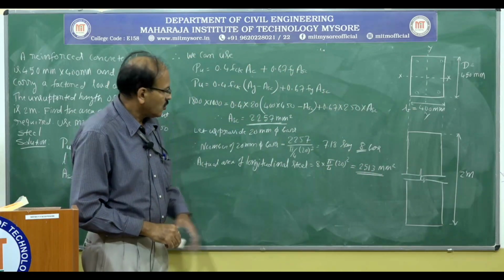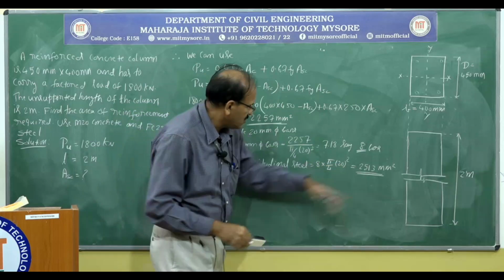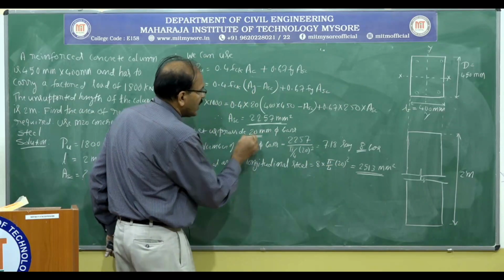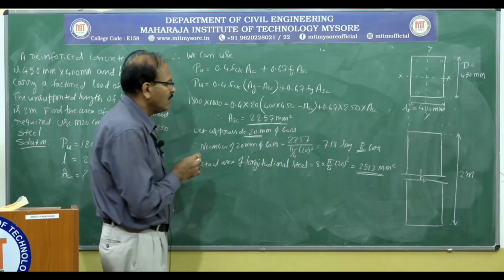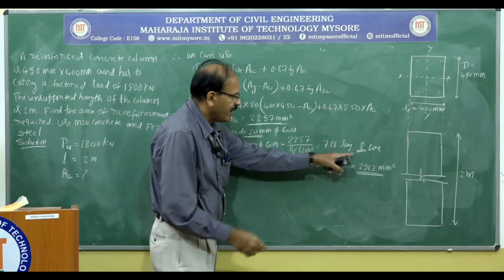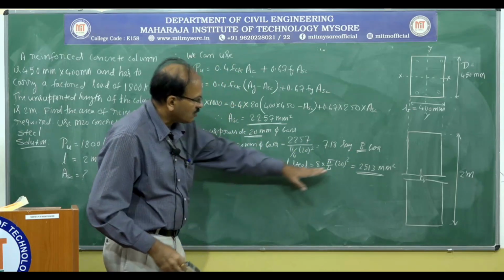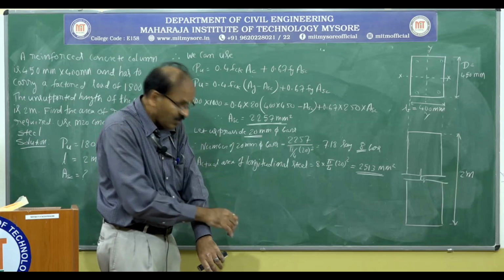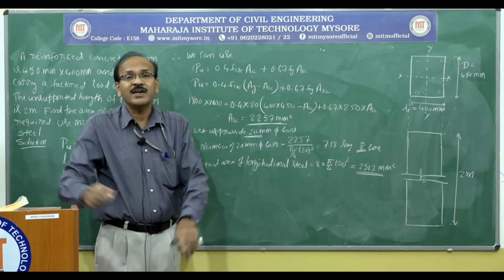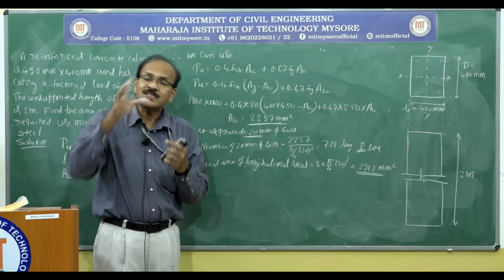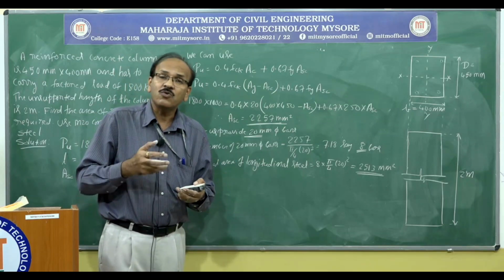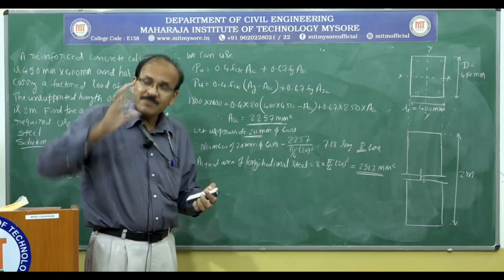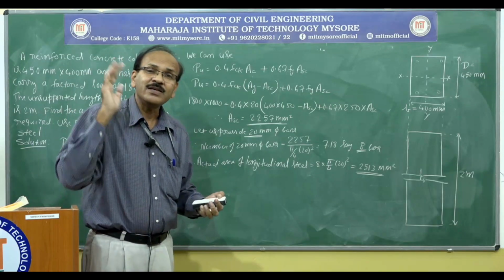Okay. So once we have this, so we are providing 20 mm dia bars, okay, and we are providing 8 bars. So the total area is 2513. Once we have this value, we have to check whether the reinforcement is greater than ASC minimum recommended in the code, and also whether it is less than ASC maximum recommended in the code.